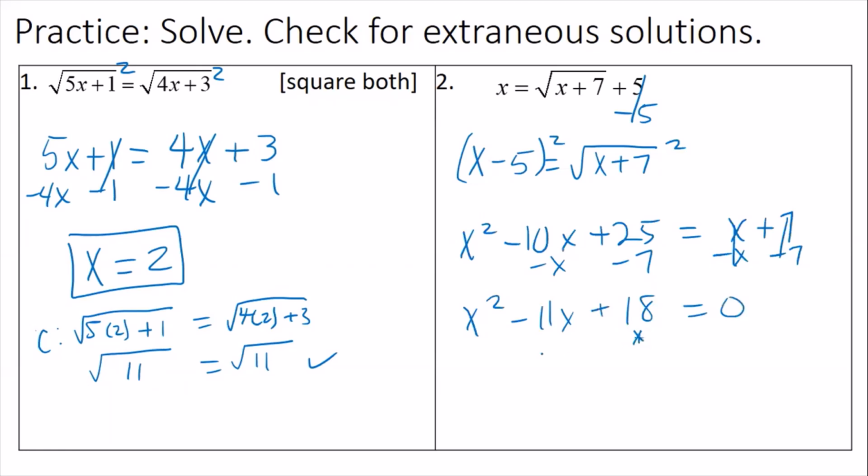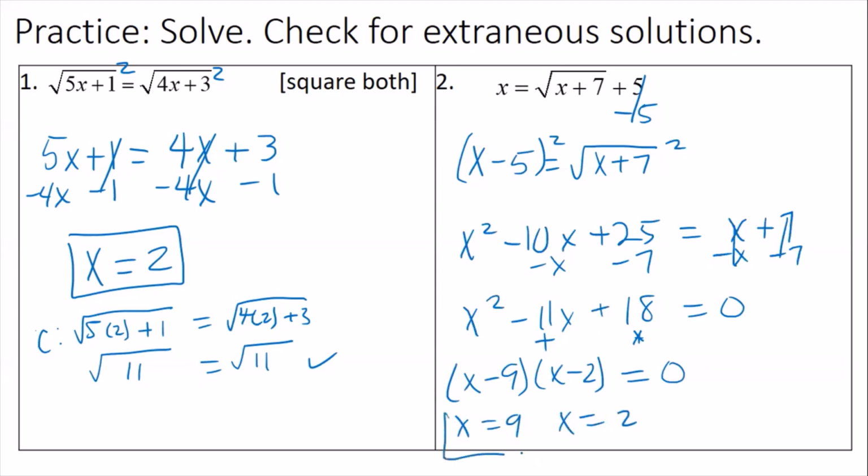So it multiplies to give me 18, but adds to give me negative 11. You should have gotten x minus 9, x minus 2. And so x has to equal 9 or x has to equal 2.